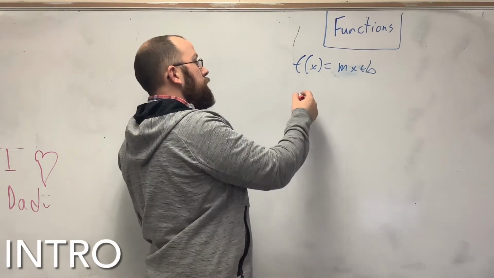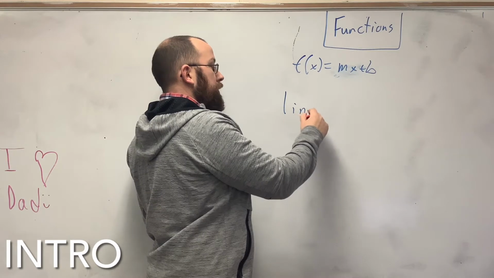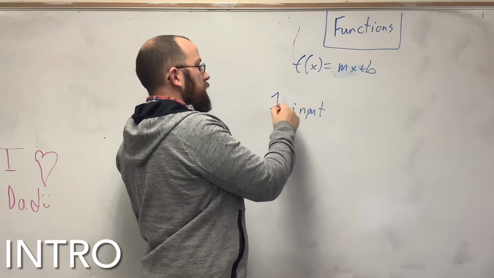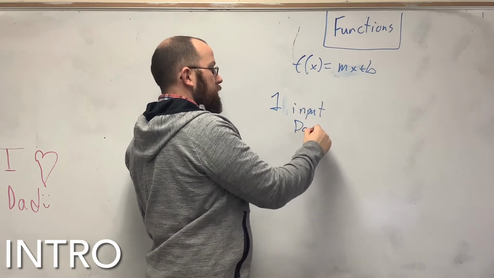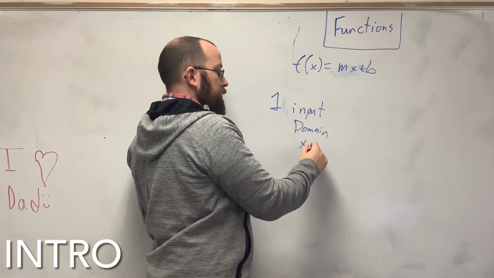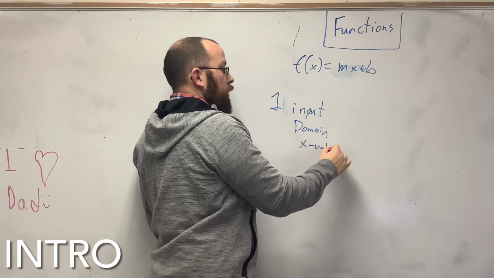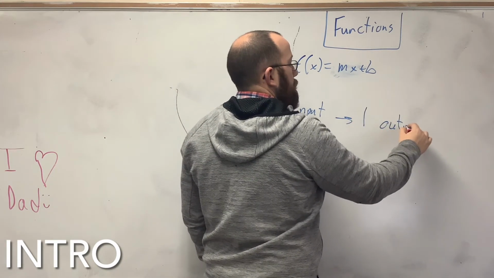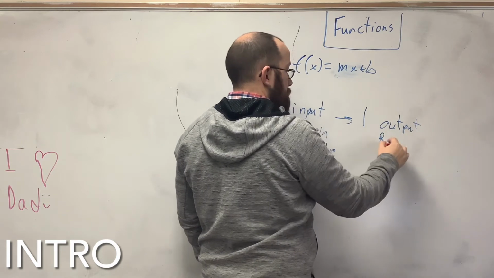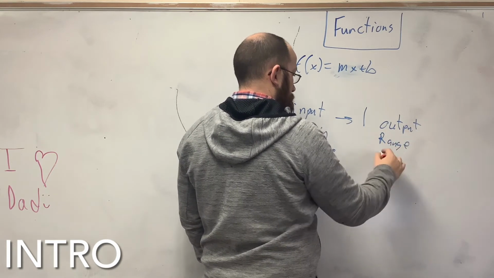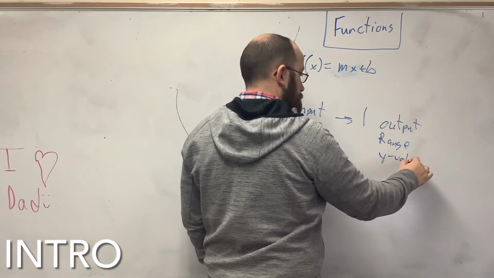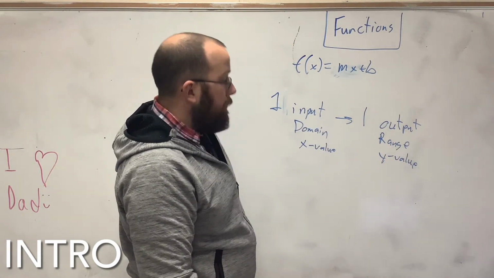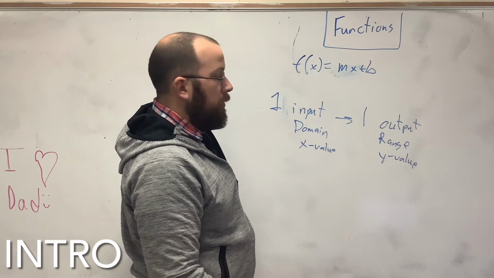Whenever you have one input, which is also called your domain or your x value, you will only get one output, or what is also known as your range, or a y value. Another way to put this is your output is determined by your input.